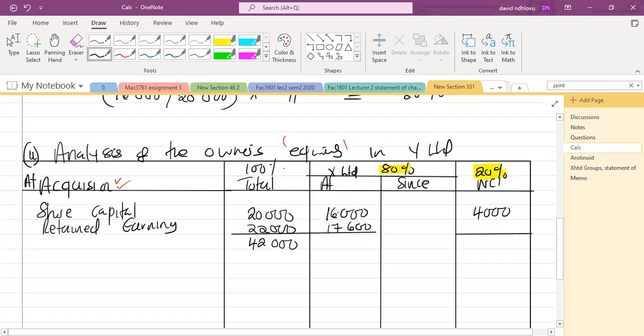From the 22,000, the NCI have got 4,400. 16,000 plus 17,600, we are looking at 33,600 here.